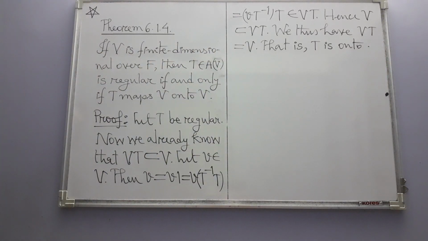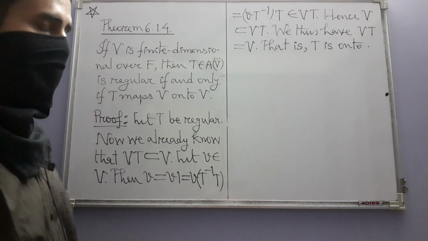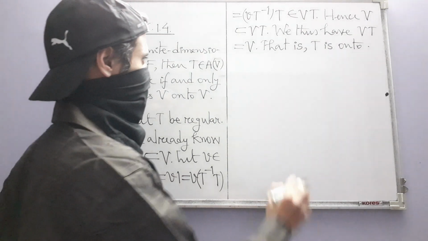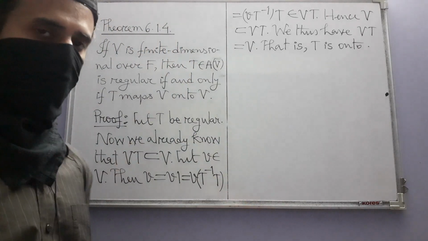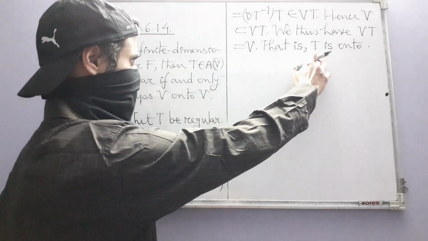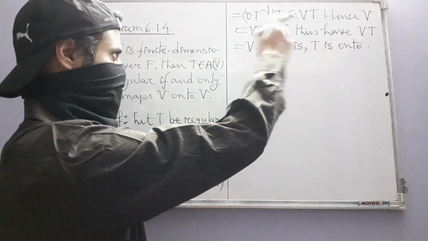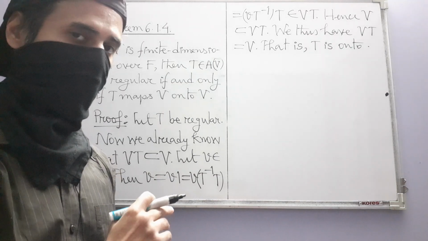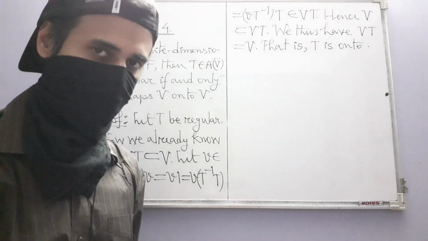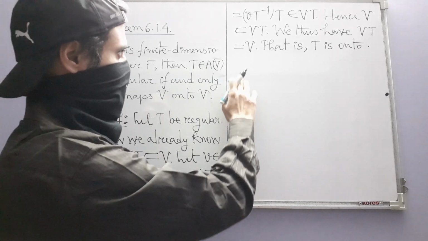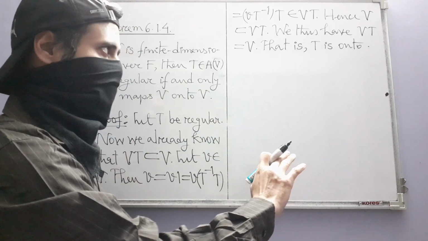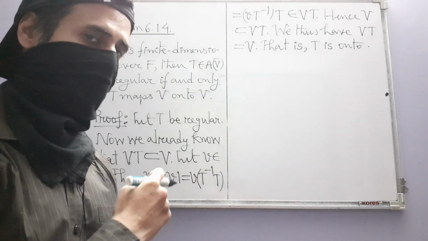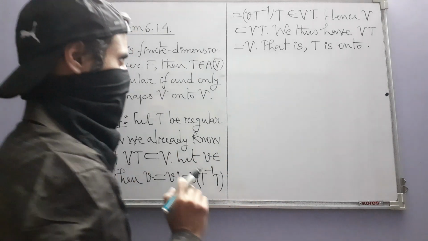So we have proved that onto-ness is a consequence of regularity. Now we need to prove the converse. But instead of assuming that T is onto and proving that T is regular, we will rather prove the contrapositive of the converse. That is, we will assume now that T is not regular and prove that it is then not onto. Okay, so let's do that.